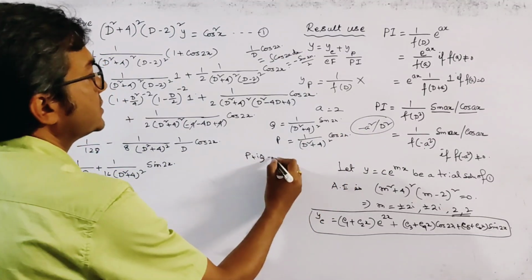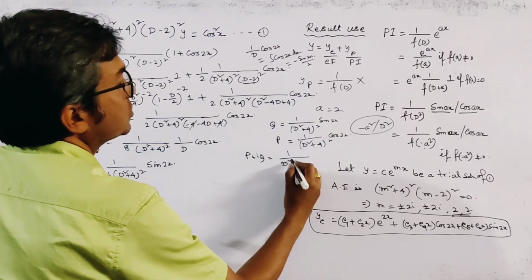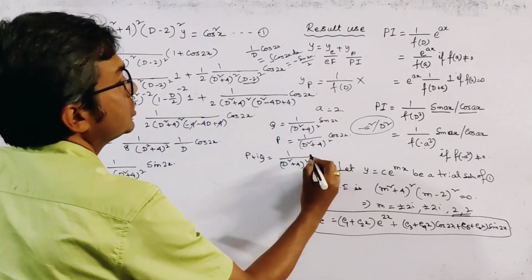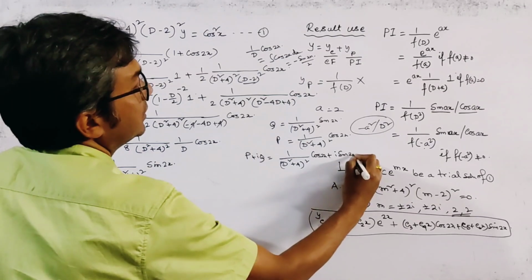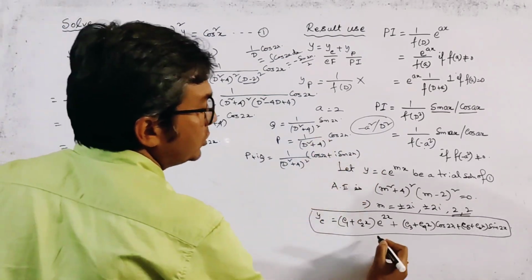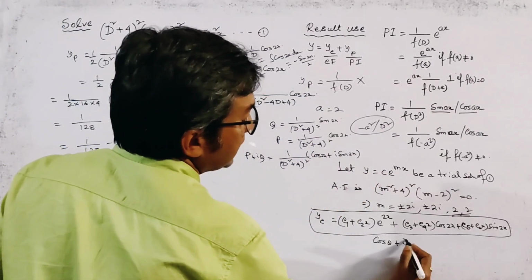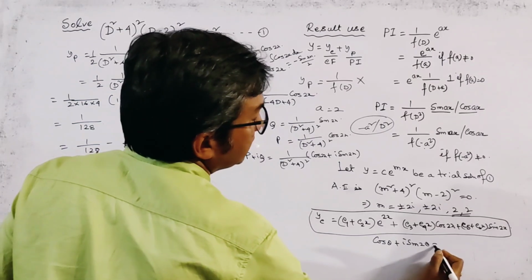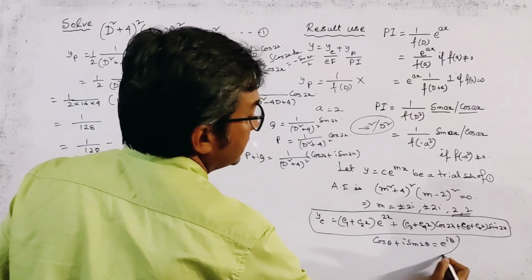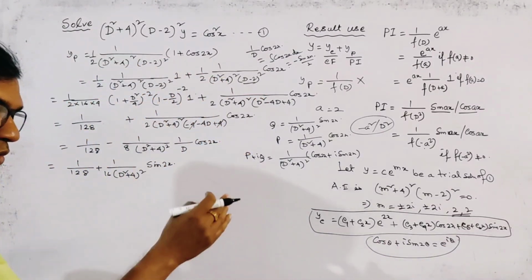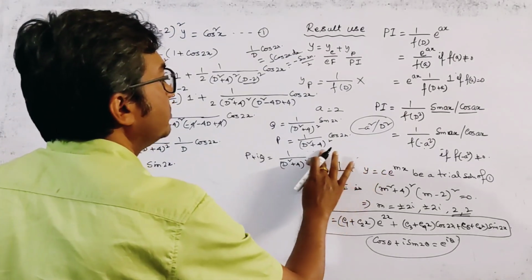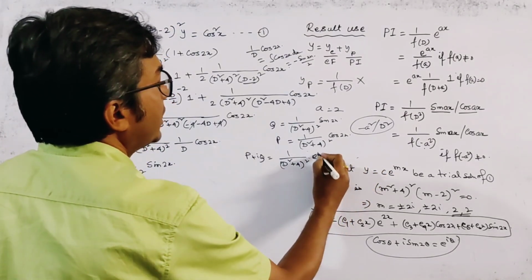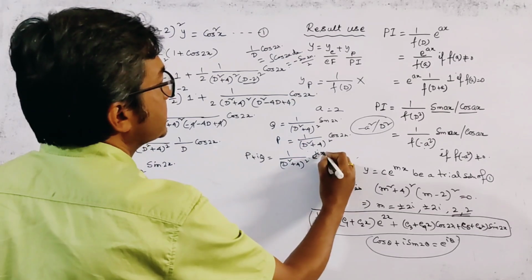Okay, and this is given by 1 by d square plus 4 whole square into cos 2x plus i sin 2x, and we know that cos theta plus i sin theta is e to the power i theta. This is the Euler form of complex number. So we put the value as e to the power i 2x.